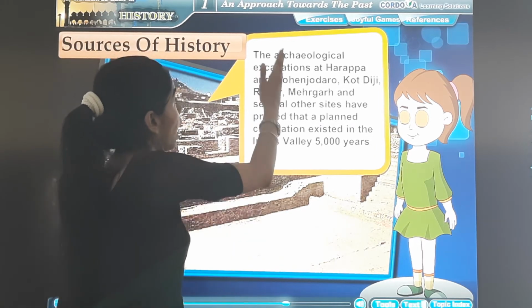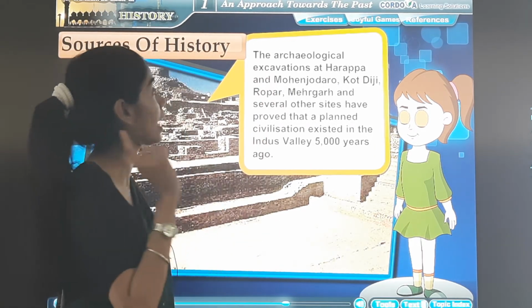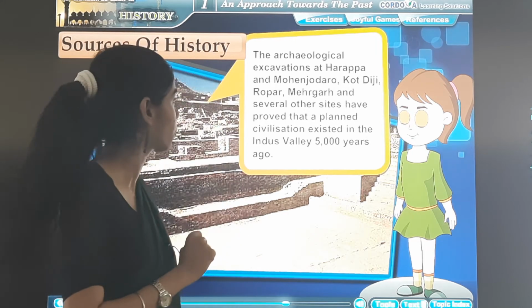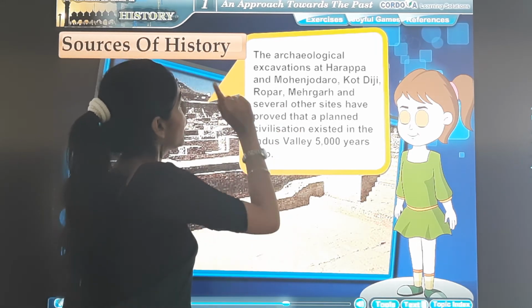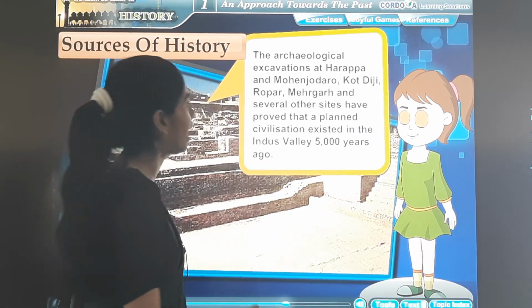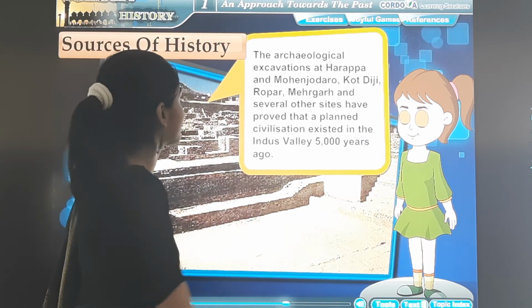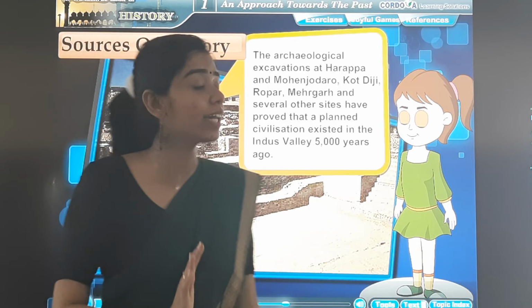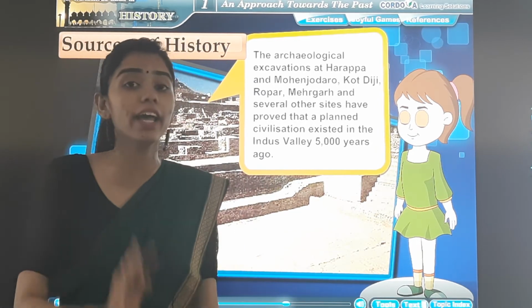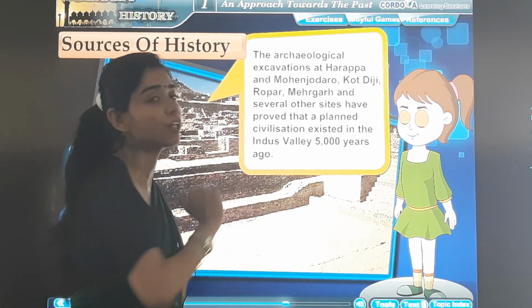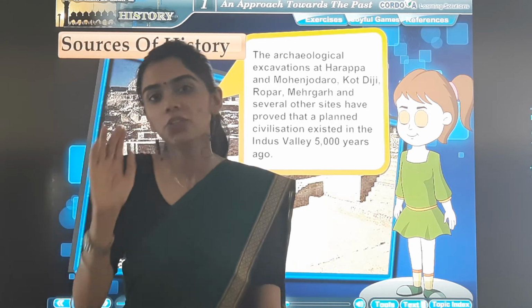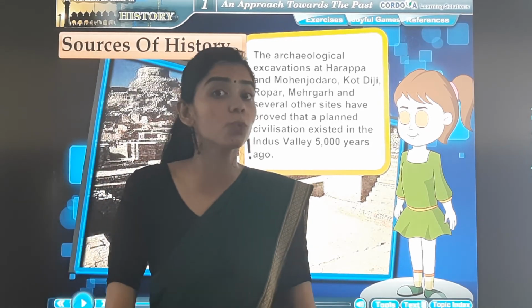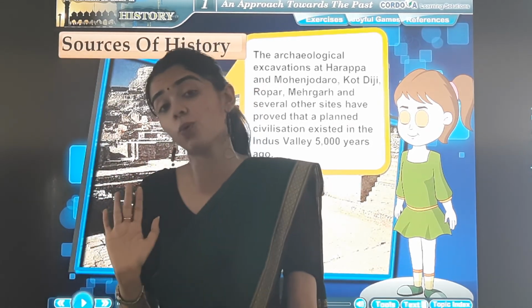And these, the archaeological excavations at Harappa and Mohenjo-daro, Kot Diji, Ropar, Mehergarh and several other sites have proved that a planned civilization existed in the Indus Valley 5,000 years ago. So this Indus Valley civilization was 5,000 years ago.